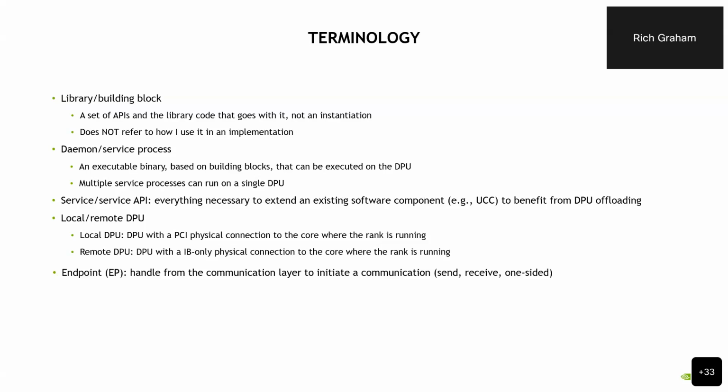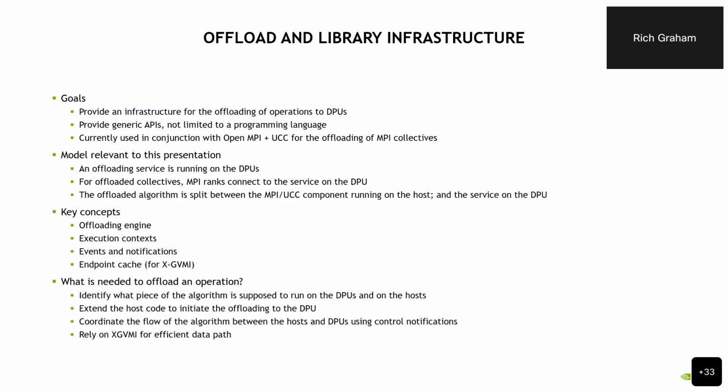It has support for both local and remote DPUs, so communication can happen with the local DPU and remote DPU. And we sit on top of the UCX infrastructure, since we have no need to reinvent infrastructure that already exists and works, and so there are endpoints that become available for communication through that support.